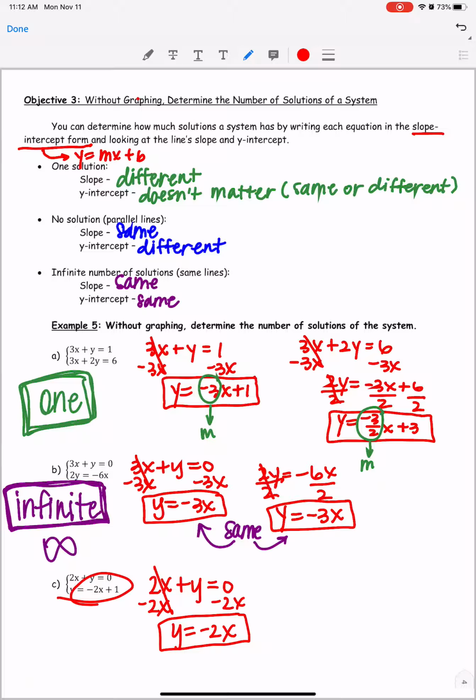This one, how sweet is that, is already in slope-intercept form. Now this one has the same slope, but different y-intercepts.